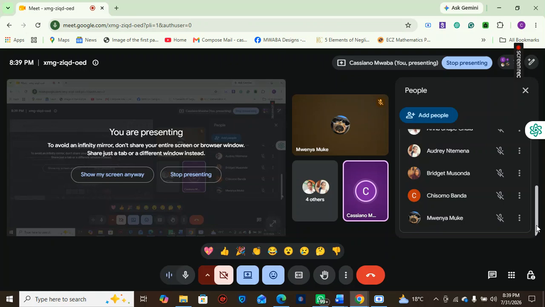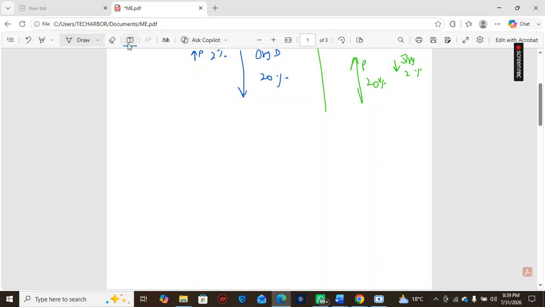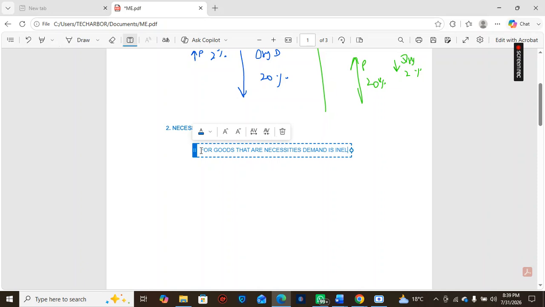The second determinant, colleagues, is whether a good is a necessity or a luxury. That's the second determinant. For goods that are necessities, demand is inelastic.